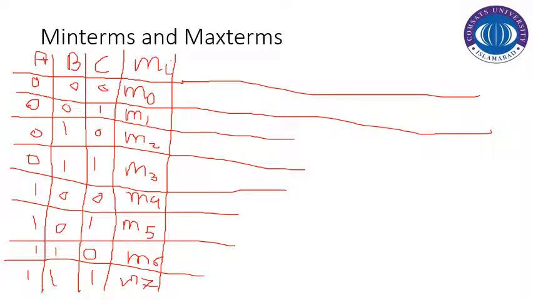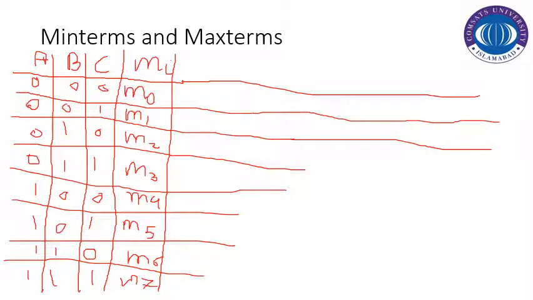Now, what would be the possible value of these min terms, as we have to extract those values from the truth table in terms of A, B, and C literals. Let me expand this table first.